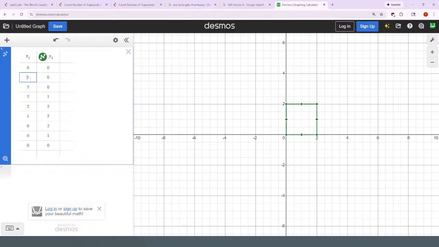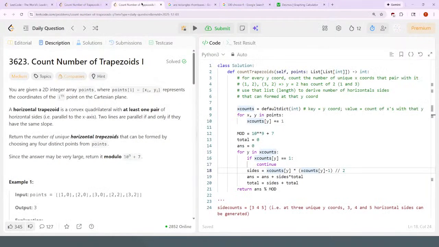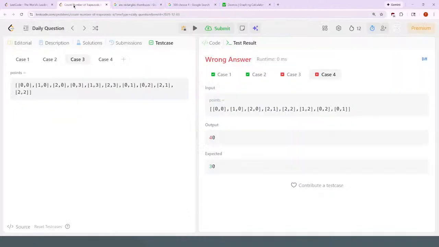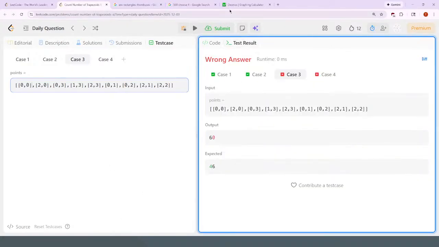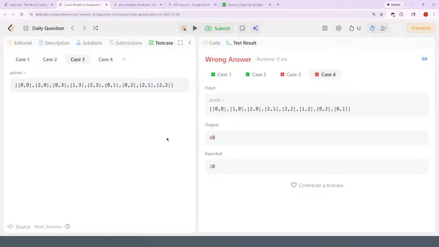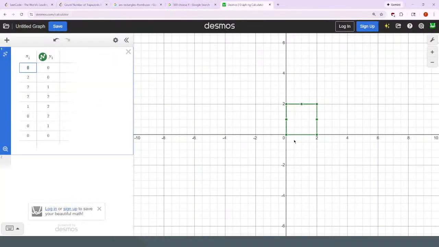Maybe I just need to remove the 1, 0. That should at least make it a little simpler. 2, 1, 0. Oh, still 30. So the 1, 0 didn't actually add any more stuff. Interesting.